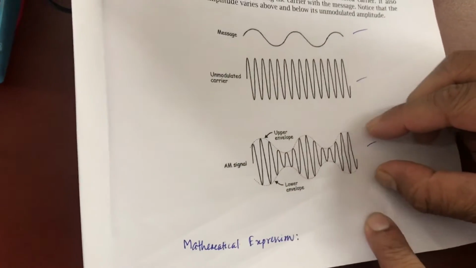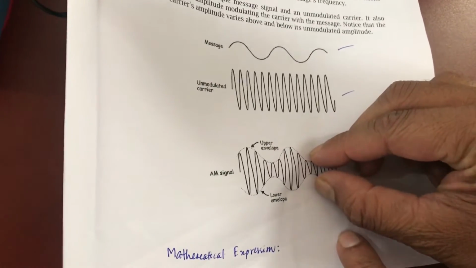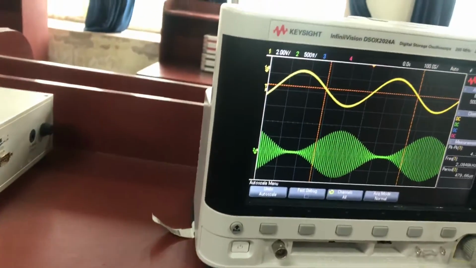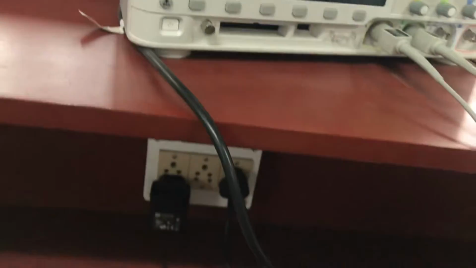You can see in this modulated signal, this portion is called P, and this small portion is called Q. This is P and this is Q. In this way you can evaluate from the DSO, calculate the M value and decide which modulation it is. So now let's see. First we are going to derive under modulation.